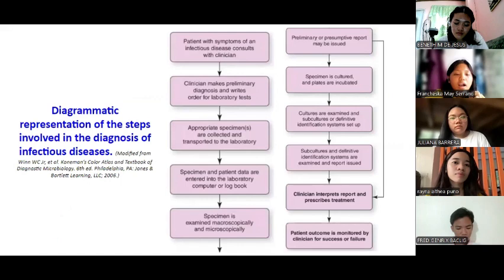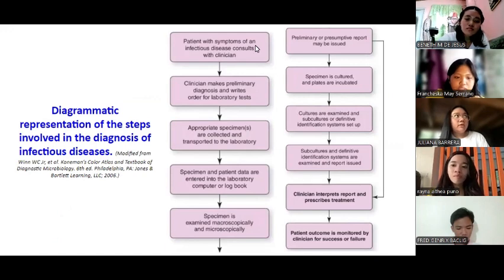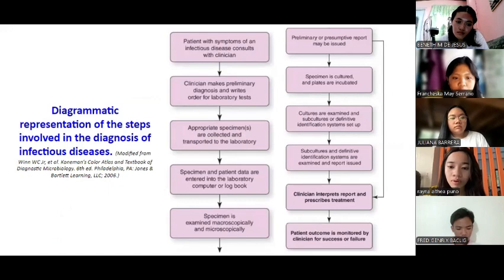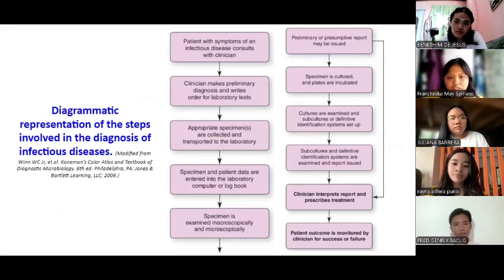So this is the diagrammatic representation of the steps involved in the diagnosis of infectious diseases. So first, if yung patient is nakakaramdam ng symptoms of an infectious disease, they go to a healthcare center like a hospital or clinic and they consult a clinician. Next niyan is the clinician makes a preliminary diagnosis and mag-order siya ng laboratory test.